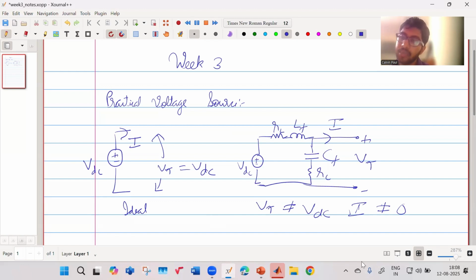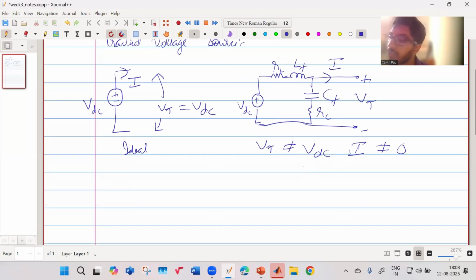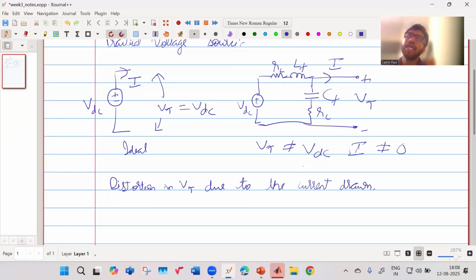And when there's a practical voltage source, there will be some distortion VT due to the current drawn. And this distortion will affect the converter which is connected.